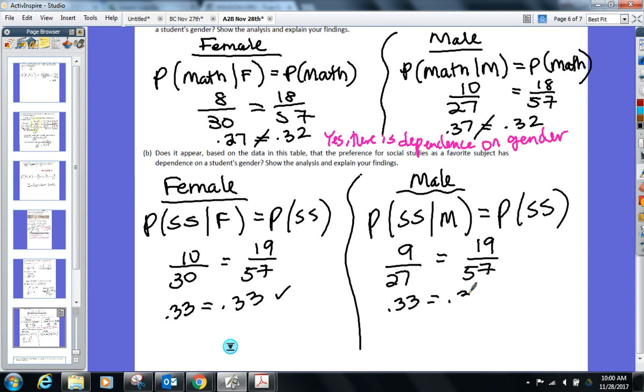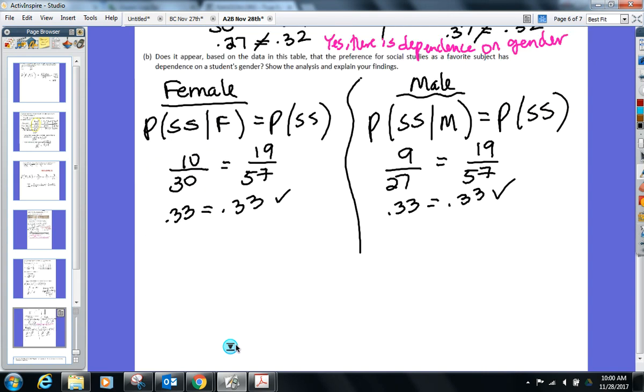So does it matter your gender? They have no relation. No, it does not matter. There is no dependence. They are independent of each other. Gender does not affect if you like social studies or not.